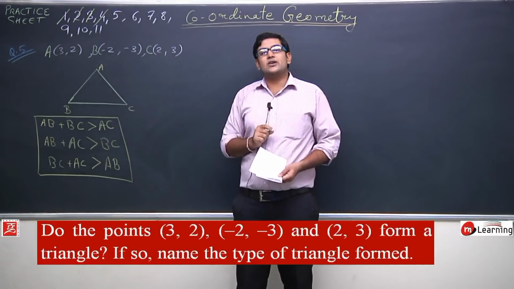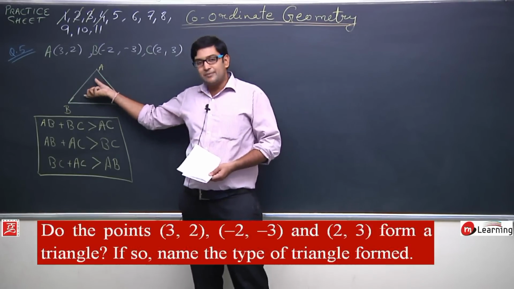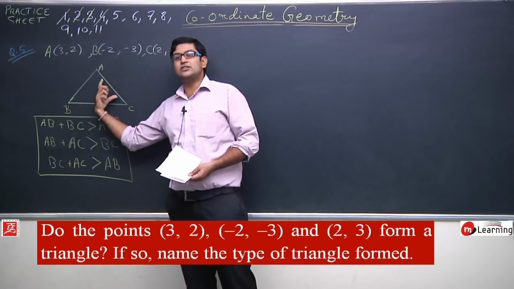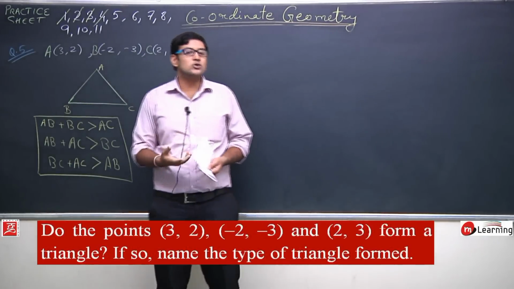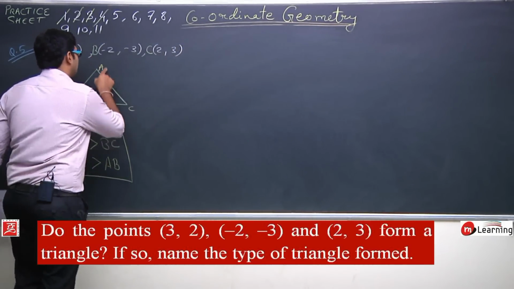So what do we need to calculate, how do we need to judge? We need to calculate the length of AB, the length of BC and the length of AC. To calculate the length, we need to use the distance formula. So let us calculate the length of AB.